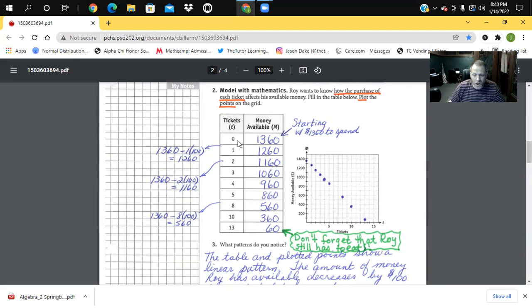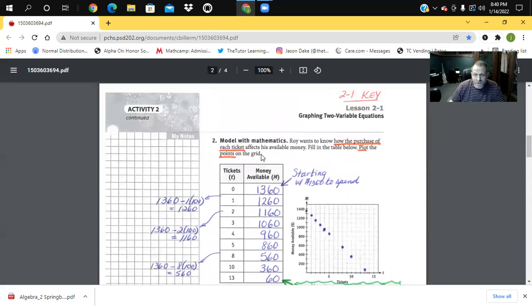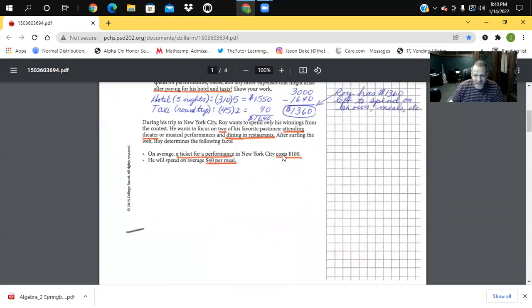It's going up 0, 1, 2, 3, 4, 5, 8, then 10, and then 13. What we're doing is we're saying 1360 minus 1 times 100 is 1260. Remember, guys, he wants to spend $100, right, and $40 on the meal.